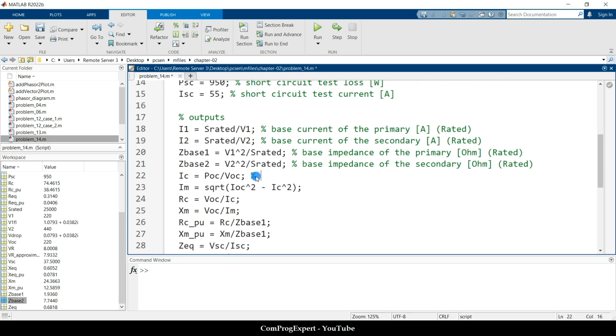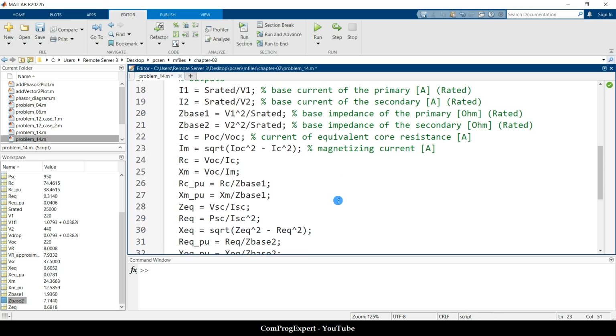This is the equivalent core resistance, right? This is the current of the equivalent core resistance. The unit is in amps. This is the magnetizing current, amps, and this is the equivalent core resistance.